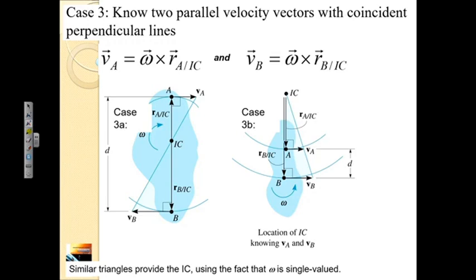The other case that's drawn on the screen looks a little different than this. You still got the velocity of A, and B is down here just like before, but instead of pointing to my left, it's pointing to my right. Well, the same is true of the technique. Coincident perpendicular lines.